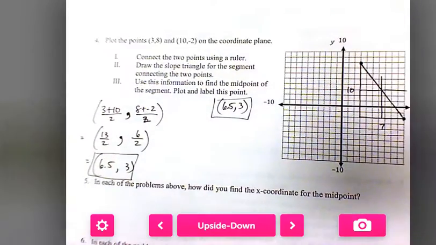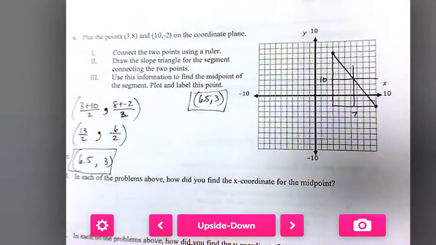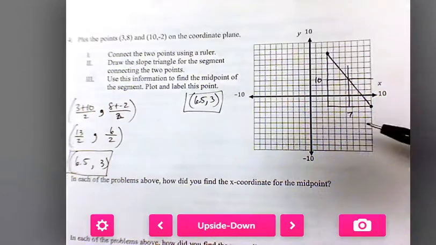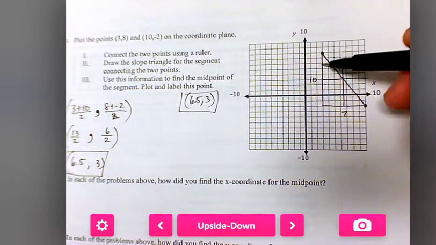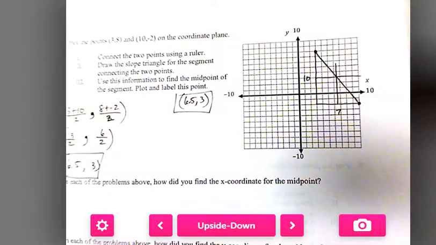I think we're ready. Okay. So here's what I did. I did both. I graphed it first. Stop talking. I have a graph first with a height of 10 and a base leg of 7.